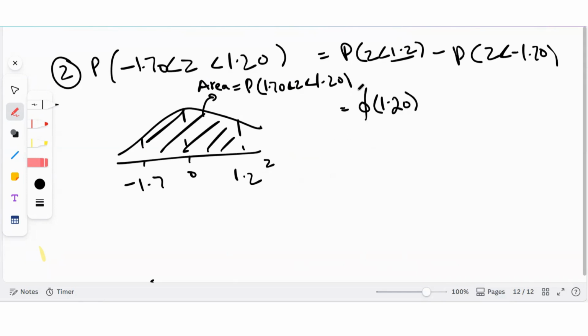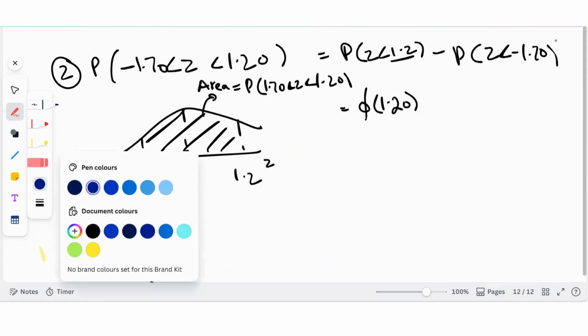Remember the goal is that when you're finding probabilities of a standard normal random variable using the z table, we want it in the form of CDF for positive values. The first thing we check is it's a positive value z, which it is, and then you see it in the form of CDF for z. Both things are true, right? So I can write it as phi 1.2.